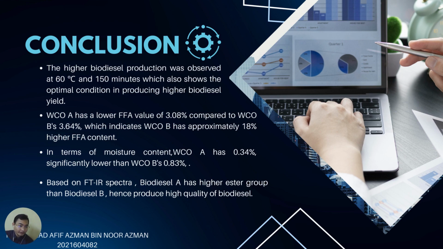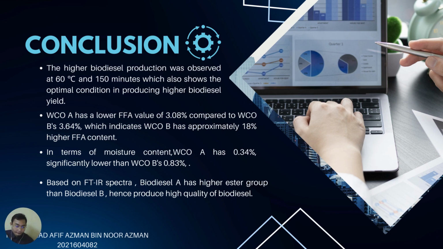Next, WCOA has a lower FFA value of 3.08% compared to WCOB, that is 3.64%, which indicates that WCOB has approximately 80% higher FFA content. In terms of moisture content, WCOA has 0.34%, significantly lower than WCOB, that is 0.83%.